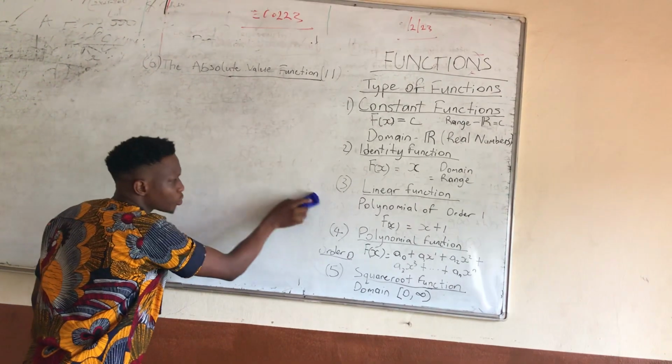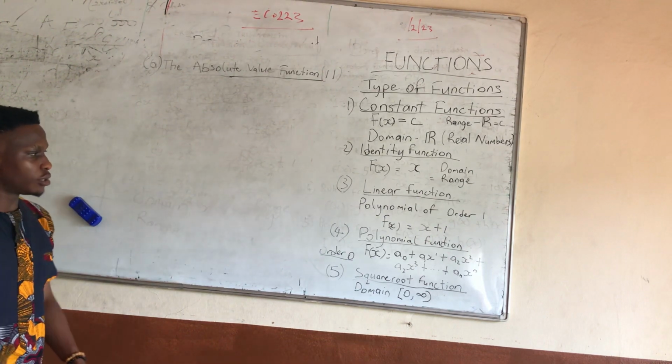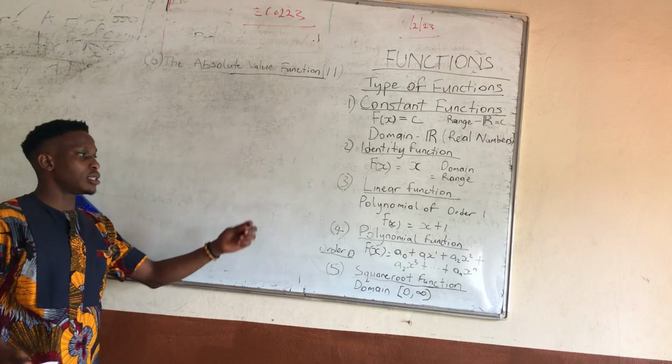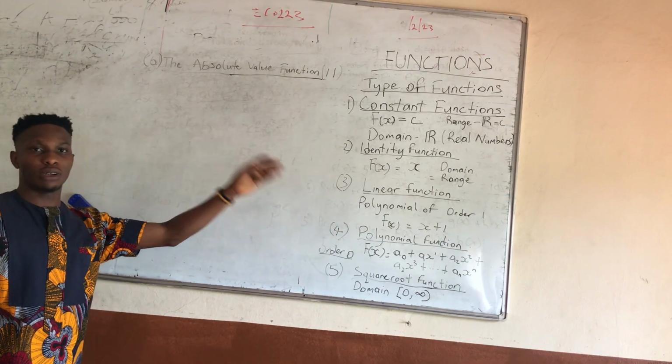Then, the next one is the linear function. The linear function is actually a polynomial of order 1.